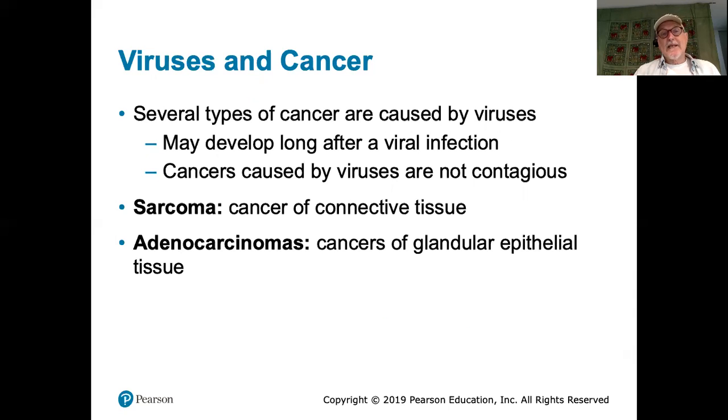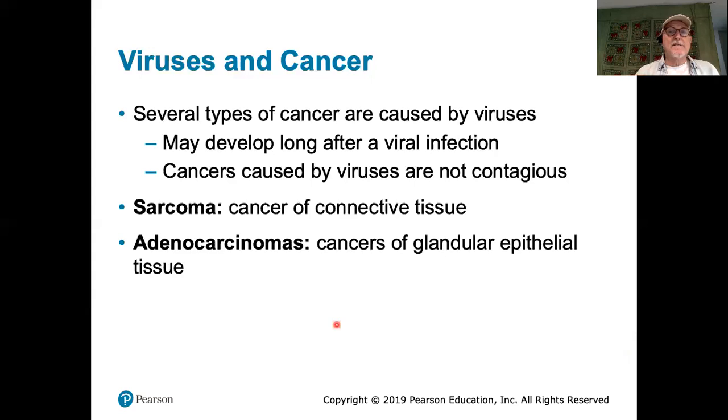So these cancers resulting from viral infection may develop long after a viral infection is finished. The cancers themselves are not contagious. They have long since passed the stage where the virus is actually being released as viral particles. And instead, the virus has induced changes in the behavior of the cell.